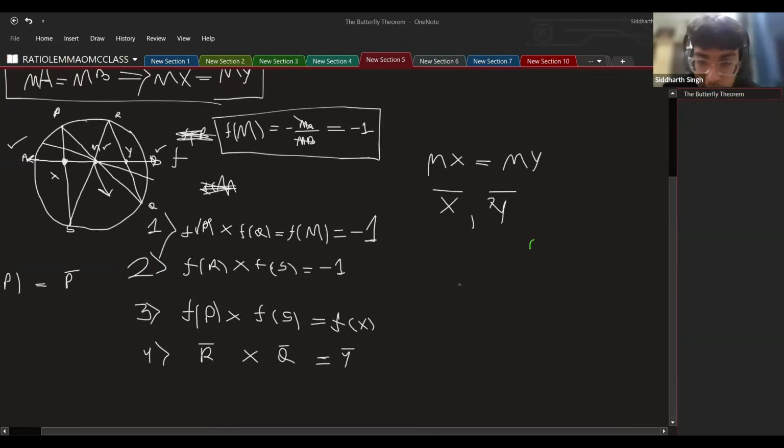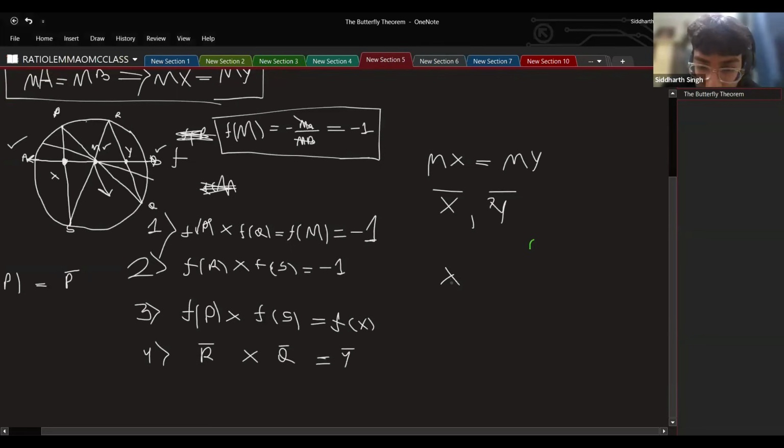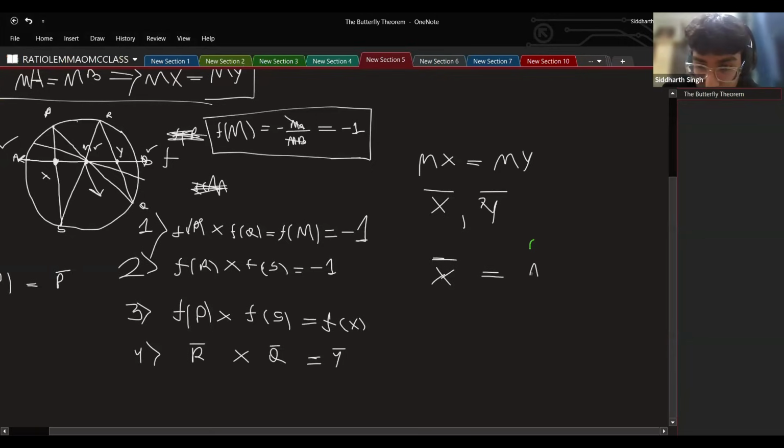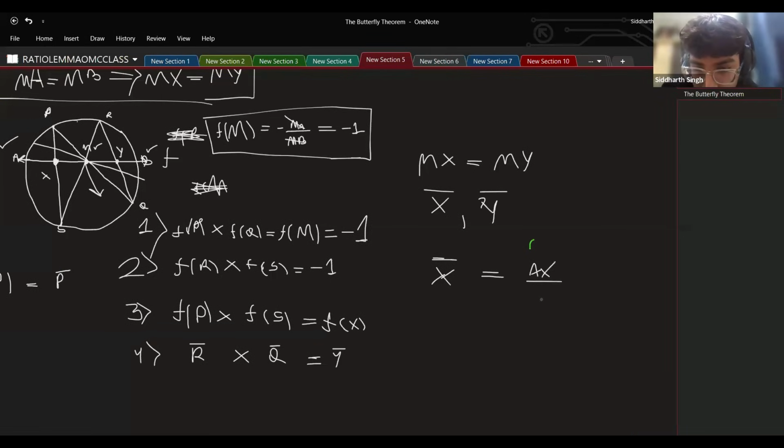Because if we try to calculate this, x bar will be just ax by bx, and y bar will be just ay by by, right? Is this clear?